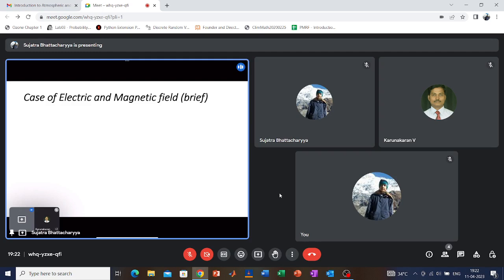Okay. So here one of the fundamental things which we have used is that the electric field is perpendicular to B, and it is something like this.